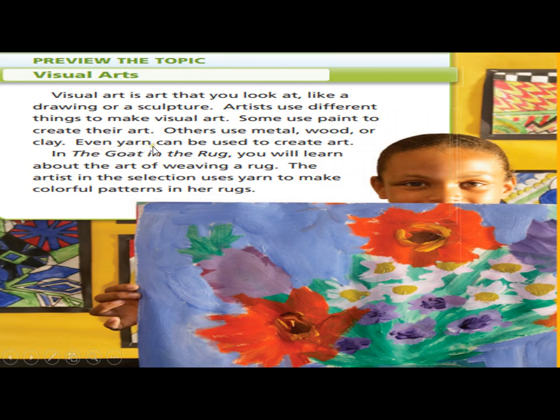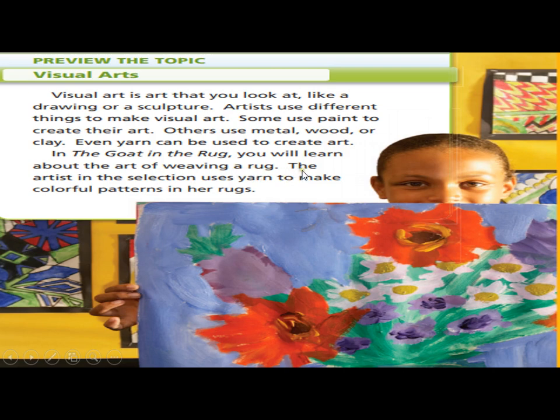Even yarn can be used to create art. Here, yarn is mentioned because it is connected to the story of The Goat and the Rug. In this story, you will learn about the art of weaving a rug.